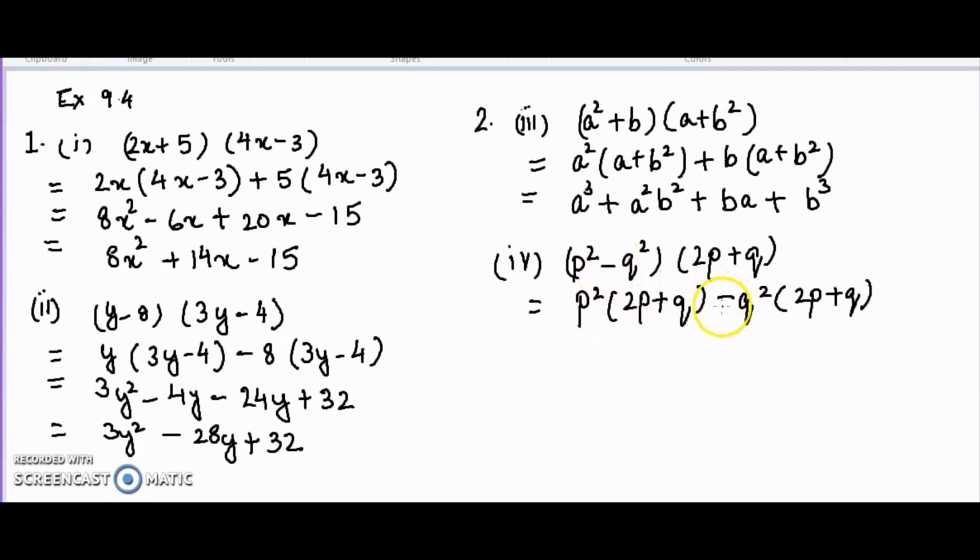So here you have to be careful with this minus sign. P square into 2p will give you 2p cube plus p square q minus 2q square p minus q cube. So again there are no like terms over here. So this will be your final answer.